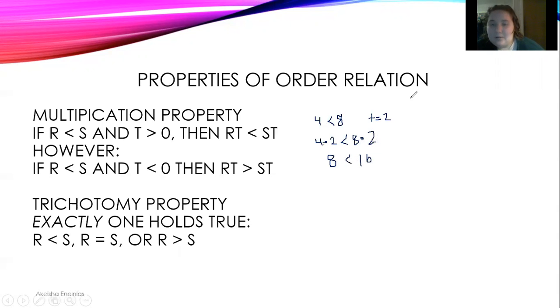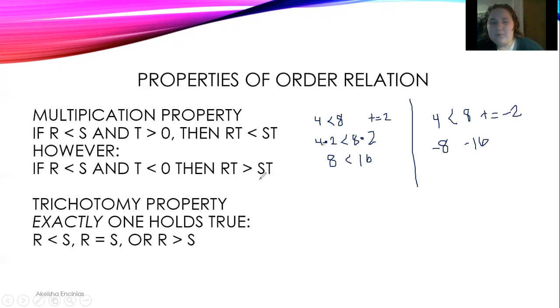Now the second part of this, we'll keep our R and S the same, but we'll make T equal -2 this time. So 4 times -2, that's going to give us -8. Then 8 times -2 is going to give us -16.